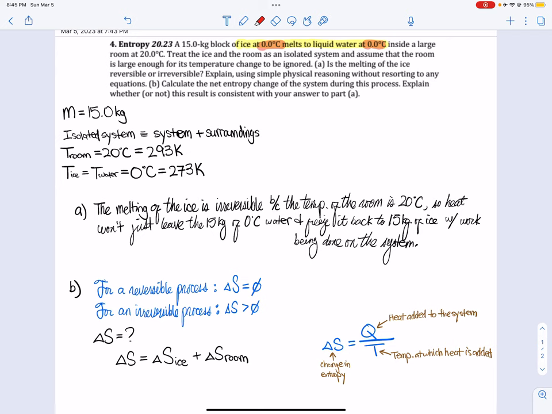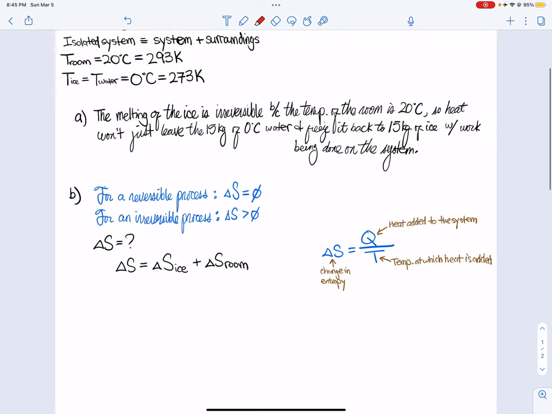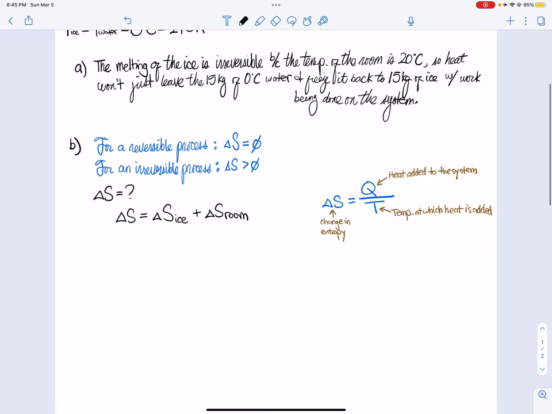That's mc delta T, right? Q equals mc delta T. That's the heat transfer associated with temperature change within the same phase. I don't have to worry about that because my temperature remains at 0 degrees Celsius. What I do have to worry about is the heat transfer necessary to change phase, right? To melt the block of ice into liquid water.